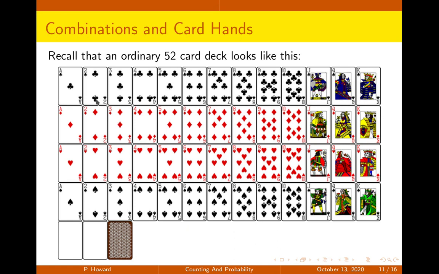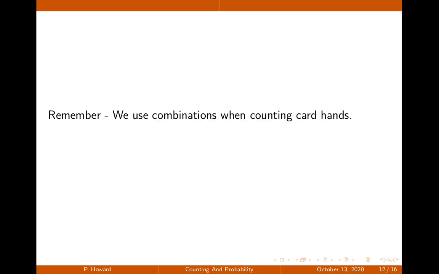The 52 cards are arranged into 4 suits: clubs, diamonds, hearts, and spades, each suit with 13 cards: ace, 2 through 10, jack, queen, and king. Ignore the bottom 3 cards in this diagram as usual. And just a reminder, when we're counting card hands, we have decided to use combinations.